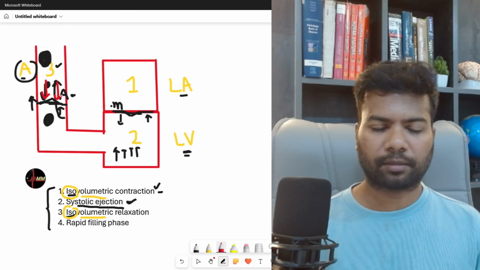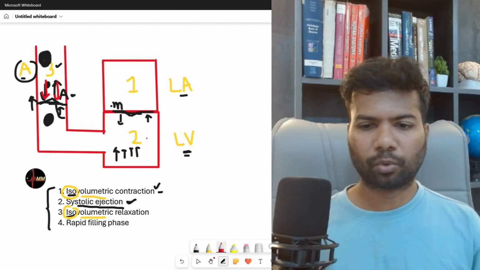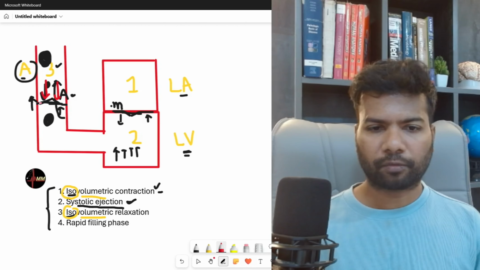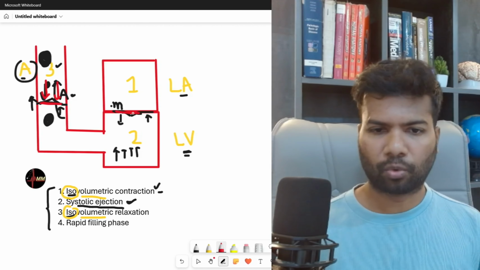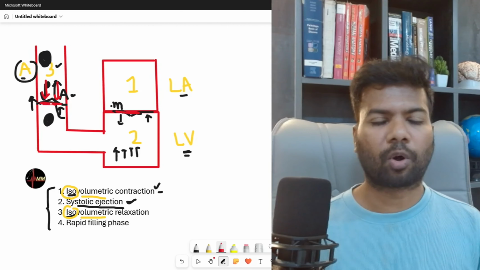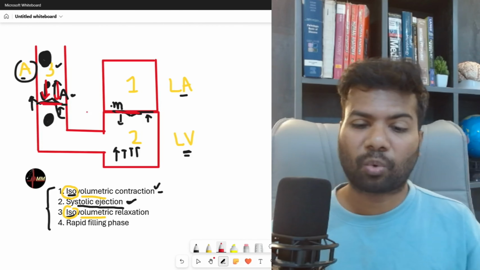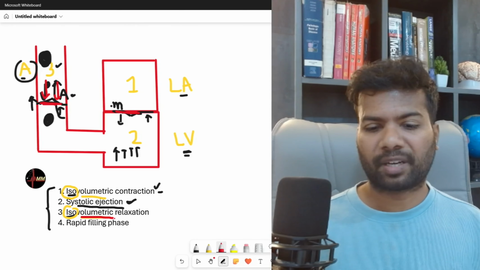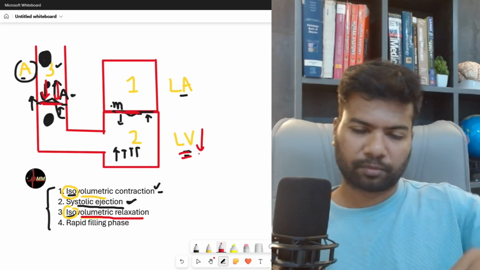When the three pressure overcomes the two pressure, the valve closes, and you already know that the mitral valve is already closed. Now the aortic valve closes and the left ventricle starts relaxing. So what is happening here?